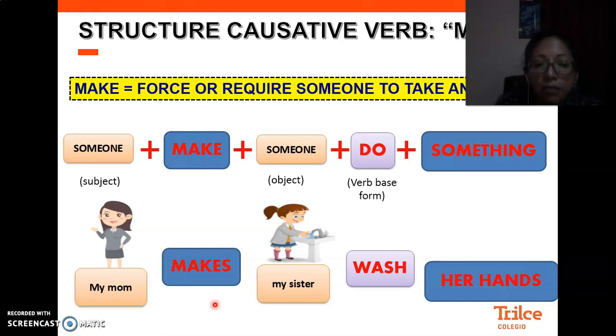My mom makes my sister wash her hands. My sister doesn't like to wash her hands, but my mom pushes her to wash her hands.